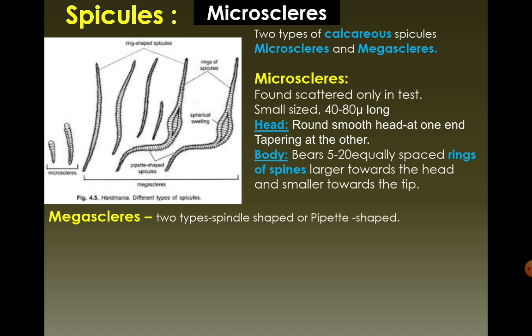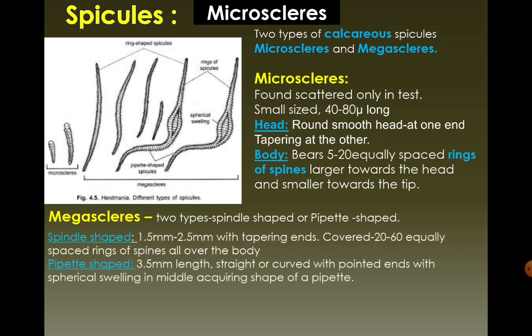Whereas megascleres are of two types. One is spindle shaped and the other one is pipette shaped, and they are named based on their structures. Spindle shaped has two pointed edges, and pipette shaped has a bulb at the center. You must have seen this kind of pipette in your labs. Since it has a bulb at the center, it is called pipette shaped megascleres.